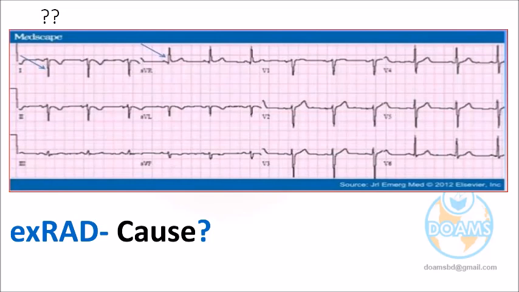There will be right deviation or left deviation, right? Both are down, means the heart is turned upside down? We can say extreme right axis deviation by looking at the ECG. But there is some other thing that might happen.